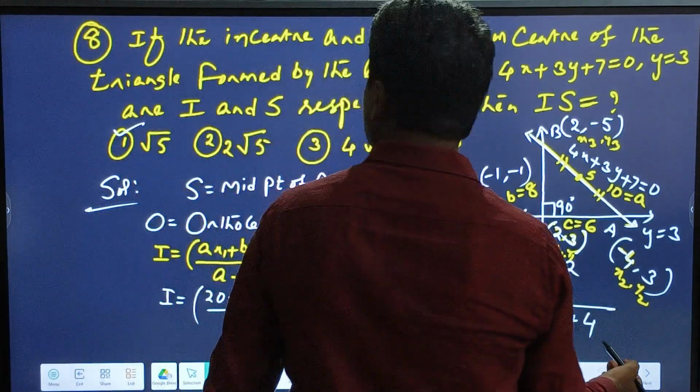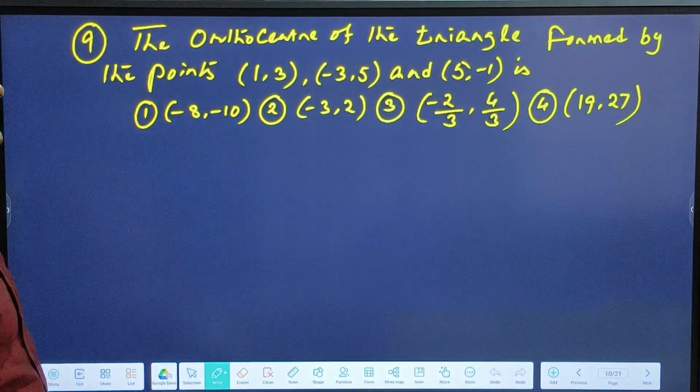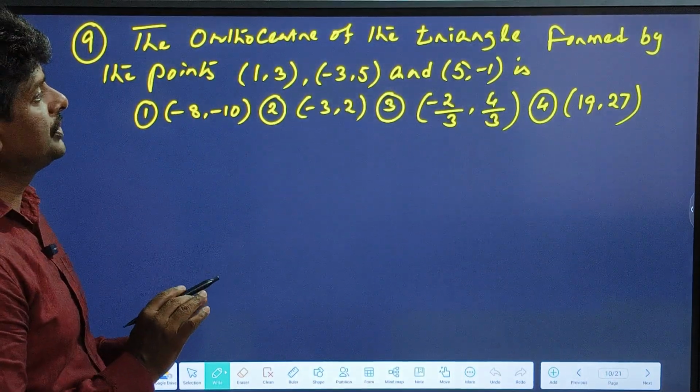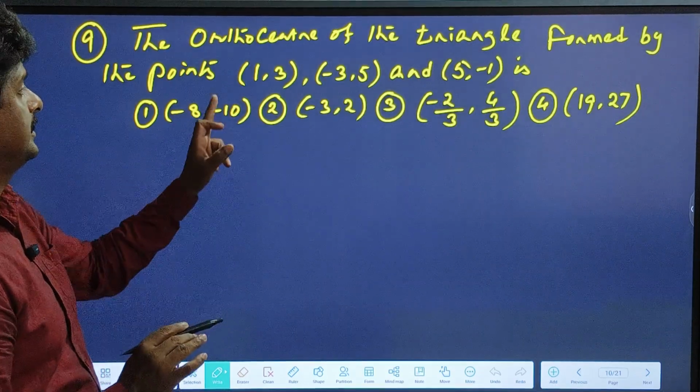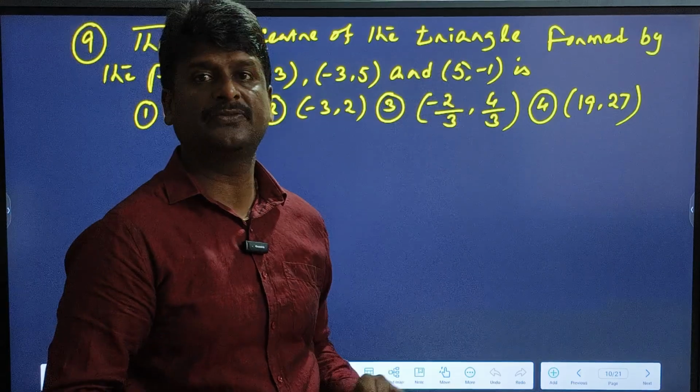Okay. Next, let's move on to question number 9. The orthocenter of the triangle formed by the points (1, 3), (-3, 5), (5, -1).